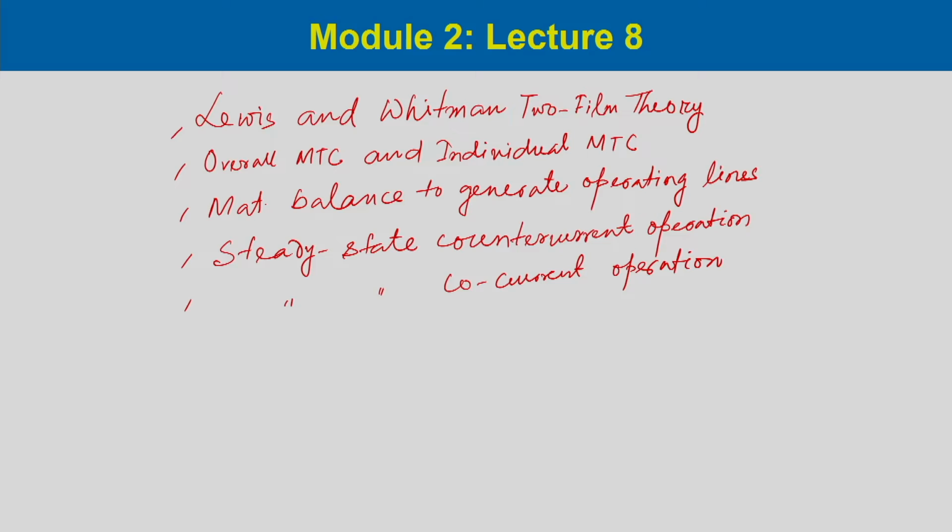And we have seen how to draw the operating line and the equilibrium line, and where the operating line and the equilibrium line lies with respect to counter current operations and co-current operations.